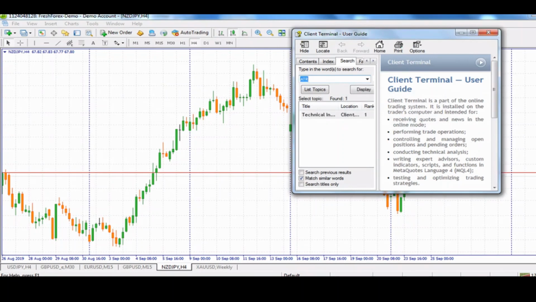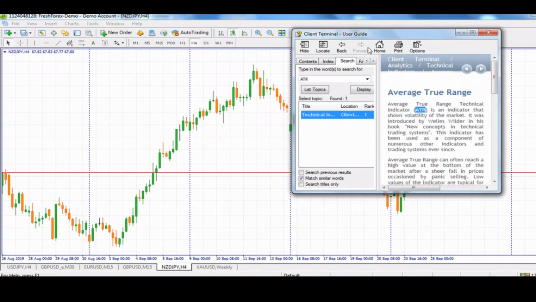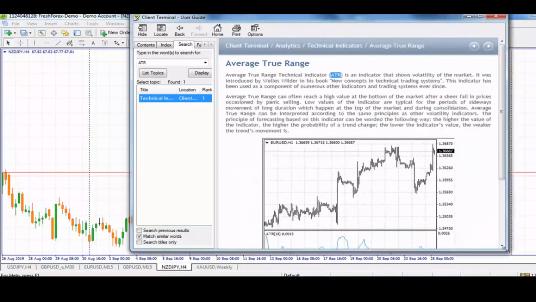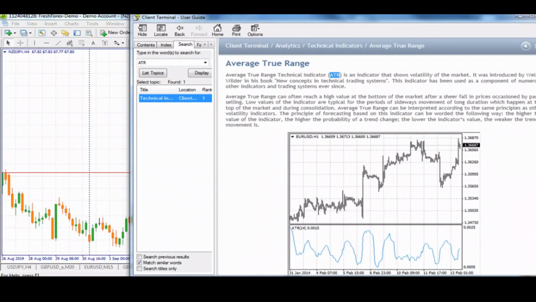To search, so that you're able to see this is exactly where I get the information. Because if you have any indicator that comes by default with MT4, but you don't know exactly where to get the information about that indicator, you can go straight to the help option. Under the search option, type the name of that indicator, then click search, enter, then the first one should be that indicator.